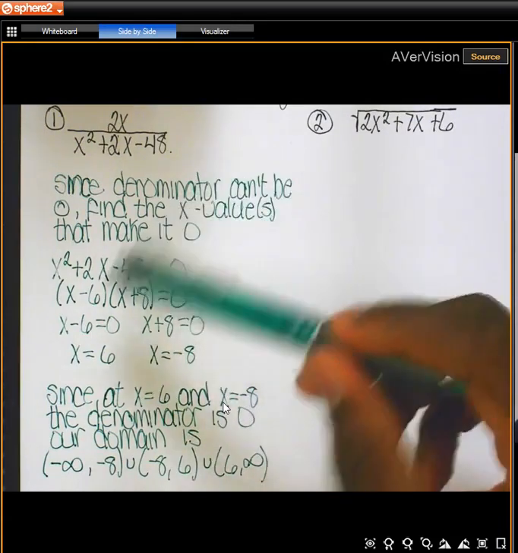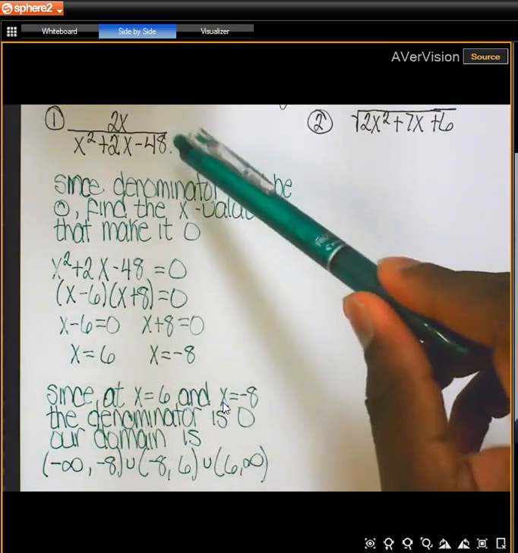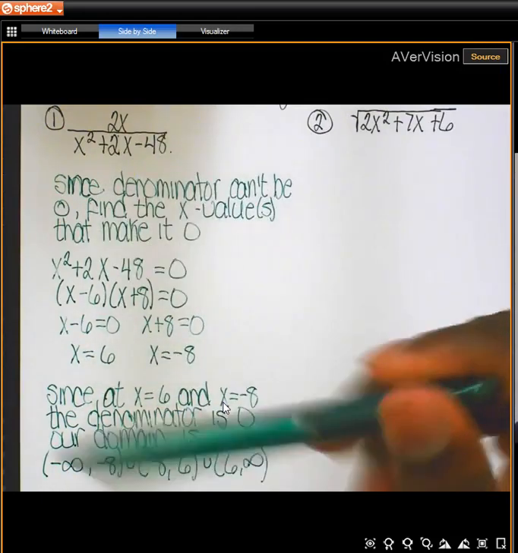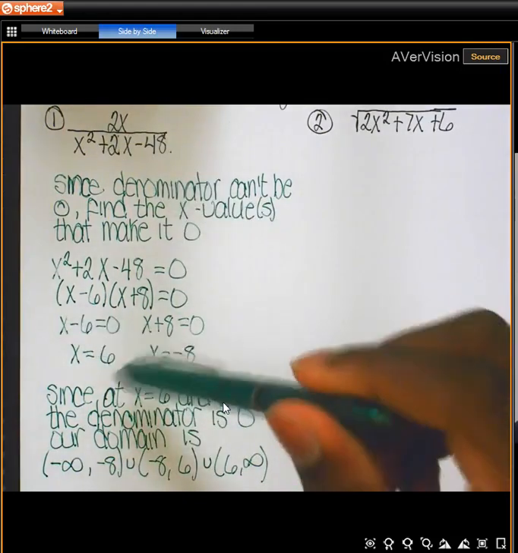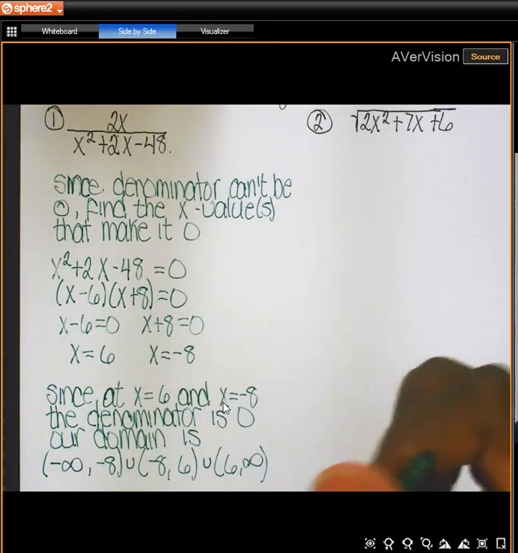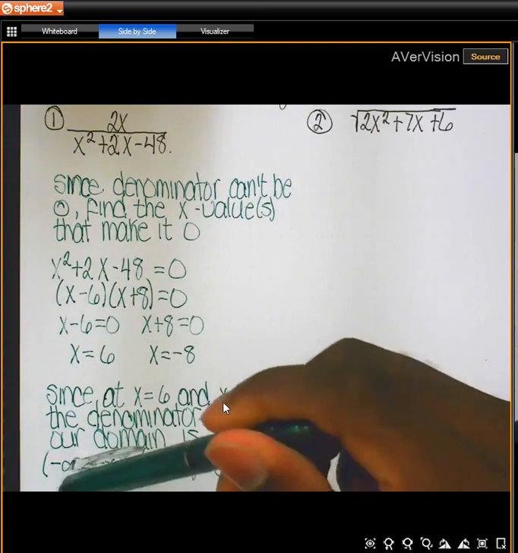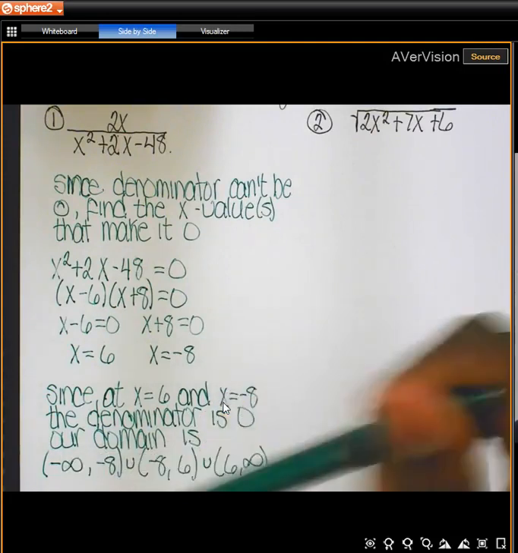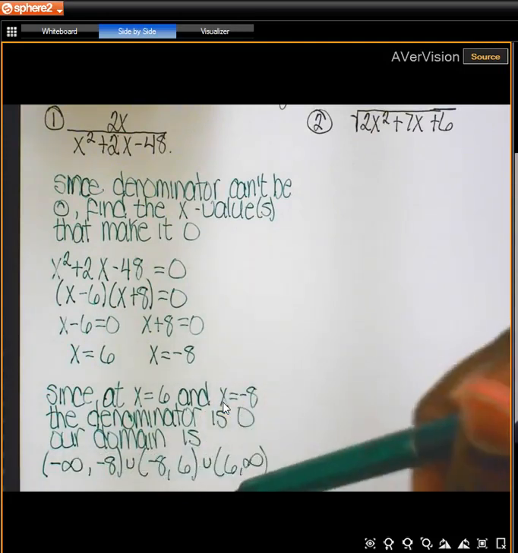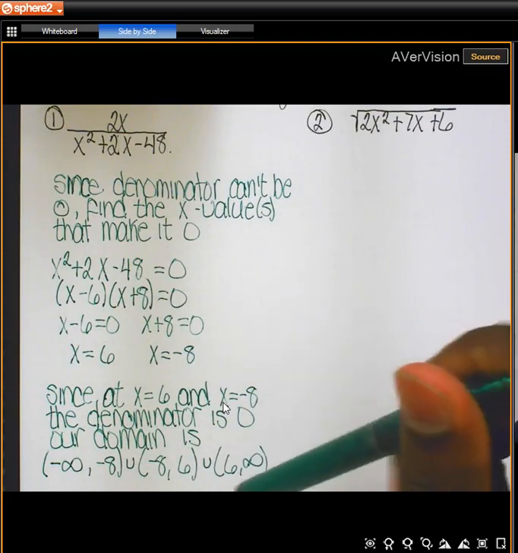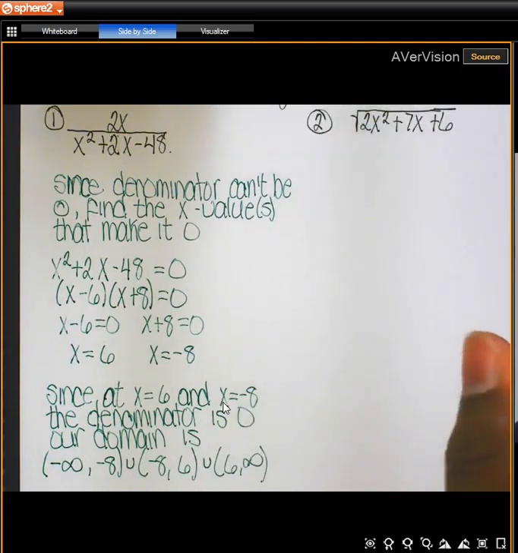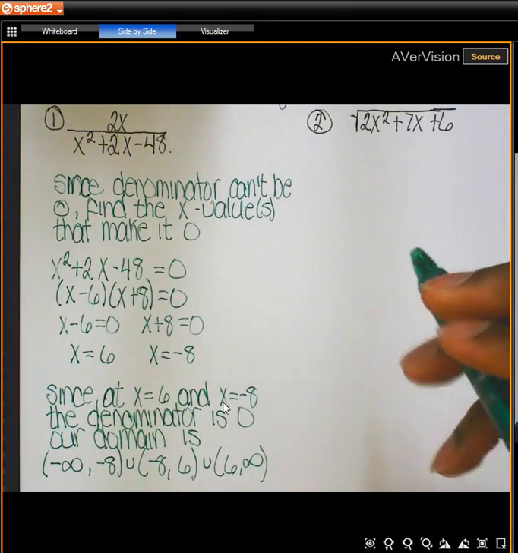So we found two x values that make the denominator 0. That means all other x values except for these two are going to work. That's why it goes from -infinity to -8, and then from -8 to 6, and then 6 to infinity. Make sense?